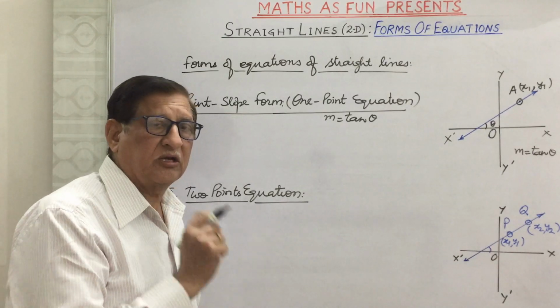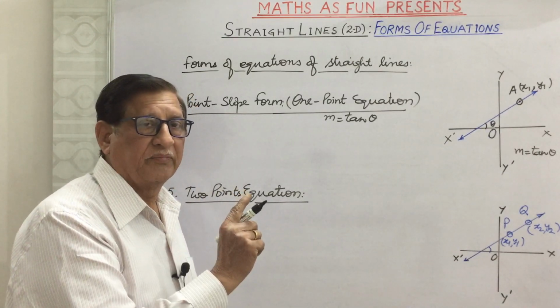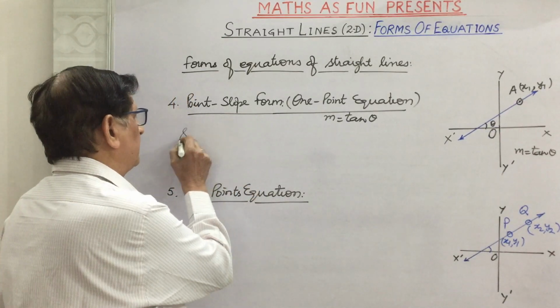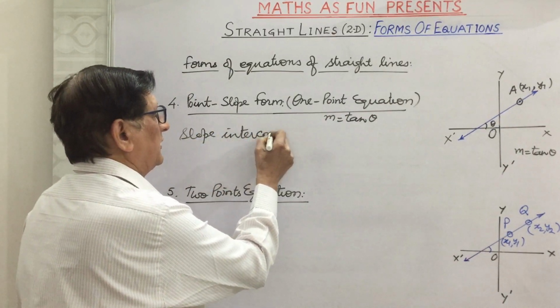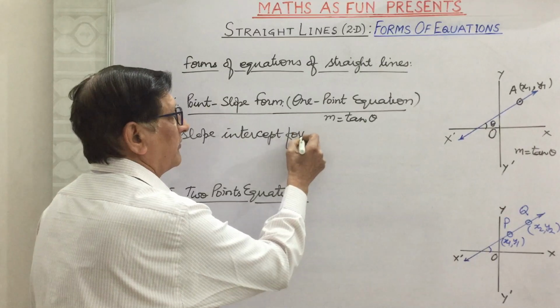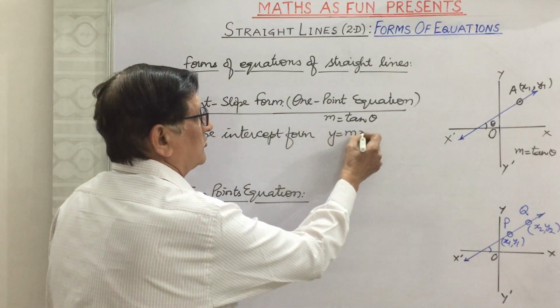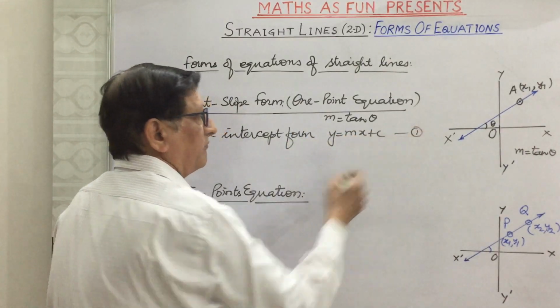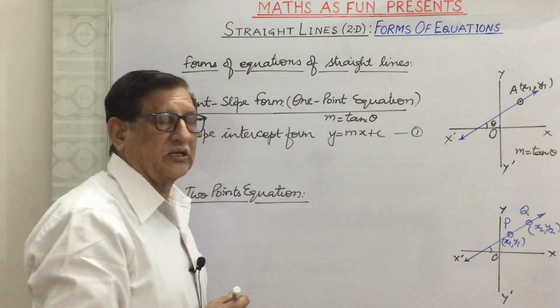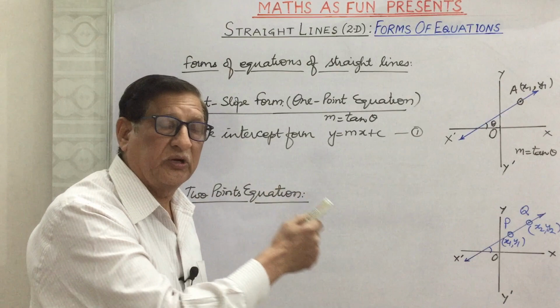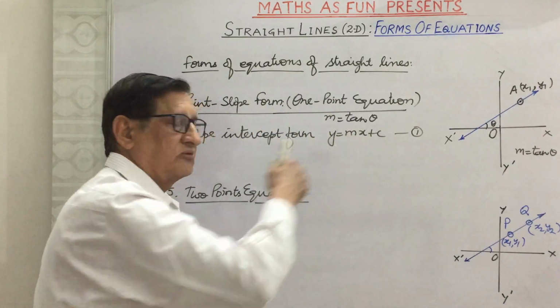We have already learnt about the equation of a line in slope intercept form. That is y equal to mx plus c. If this line is passing through the point A, that is x1, y1, means that point will satisfy this equation or not?